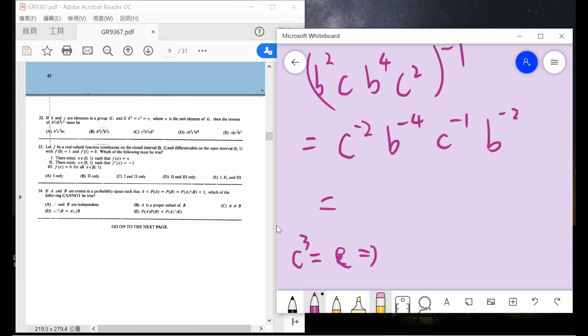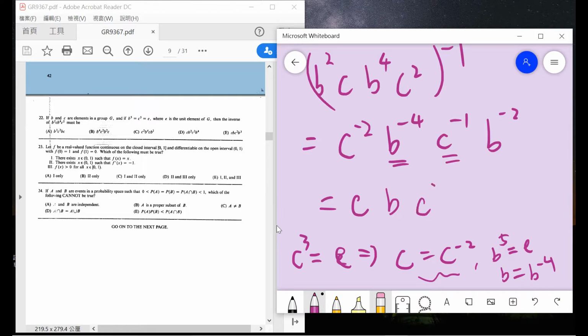If I multiply by C to the negative 2 power, I get C equals C to the negative 2, so basically this is C. And because B to the fifth is E, if I multiply by B to the negative 4 power, this is B. And similarly, this is C squared, this is B cubed. So the answer should be E.